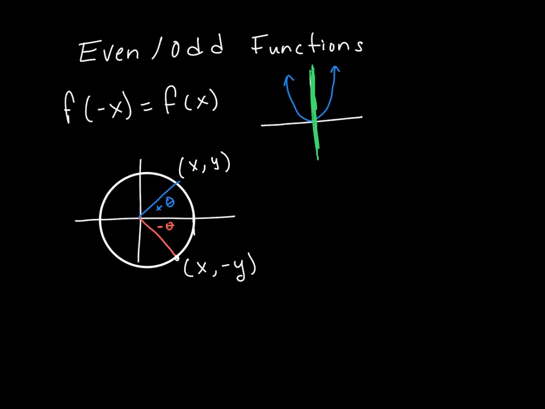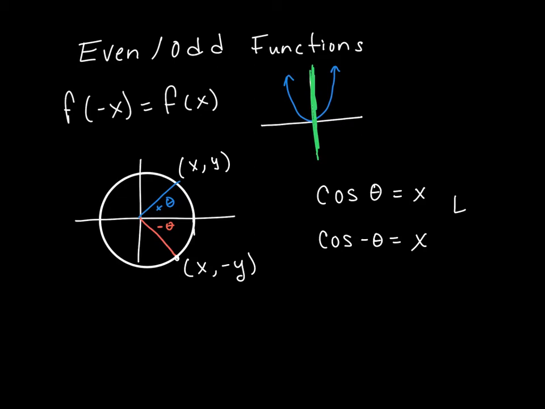Now, this means that any time I have the cosine of theta, when it's positive, that's going to equal x. But if I have the cosine of a negative theta, going in the opposite direction, that also will equal x.